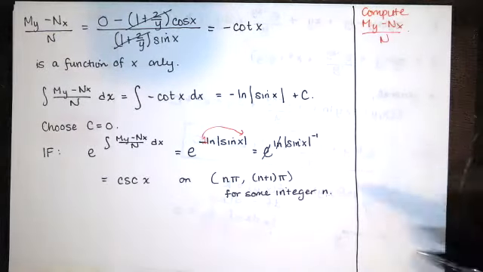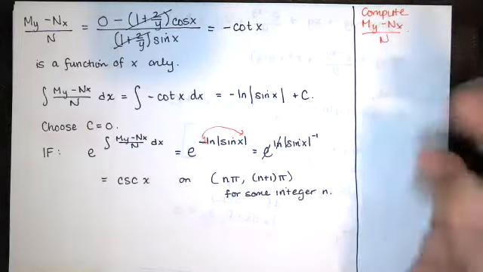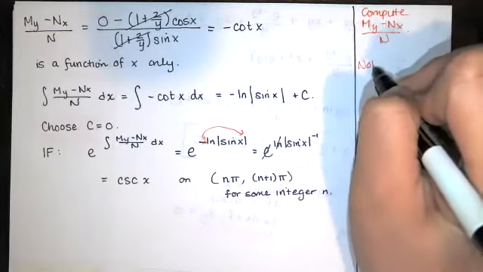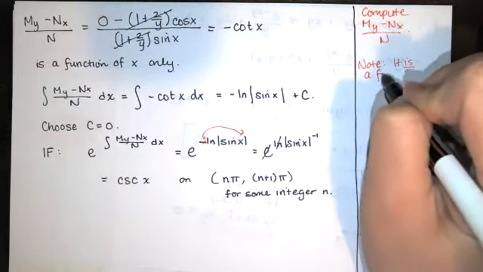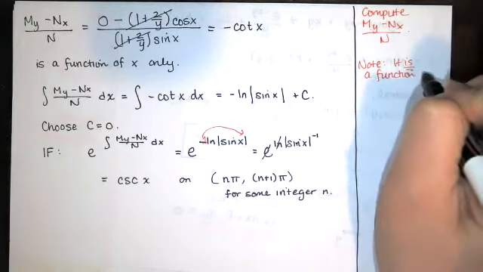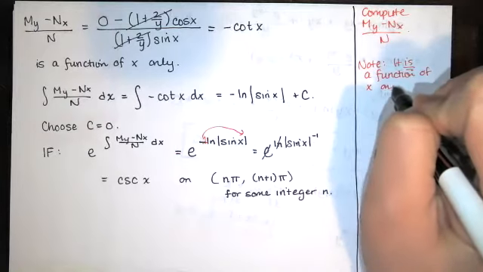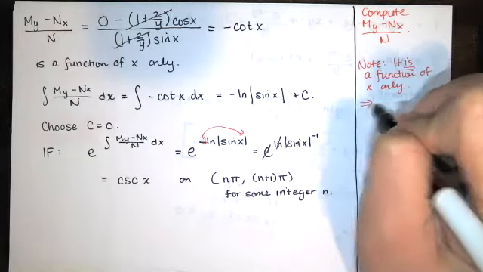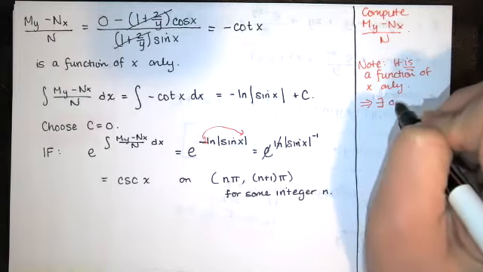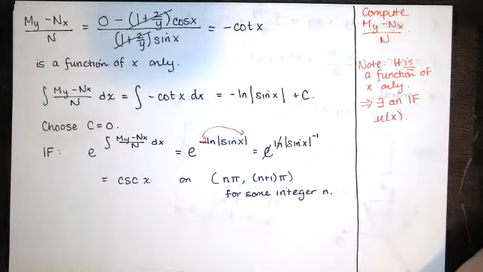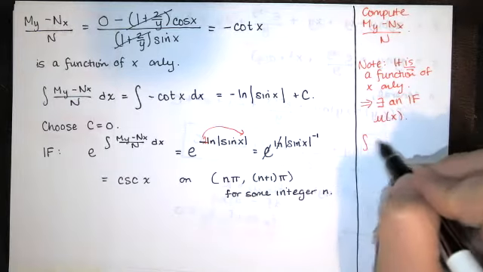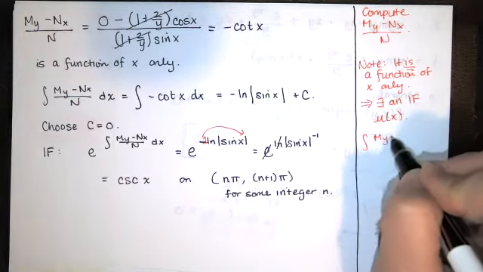And let me outline what we just did. First, we computed this. Since it is a function of x only, we know that we have an integrating factor. So we have an integrating factor in terms of x. So then we compute the antiderivative of that expression.